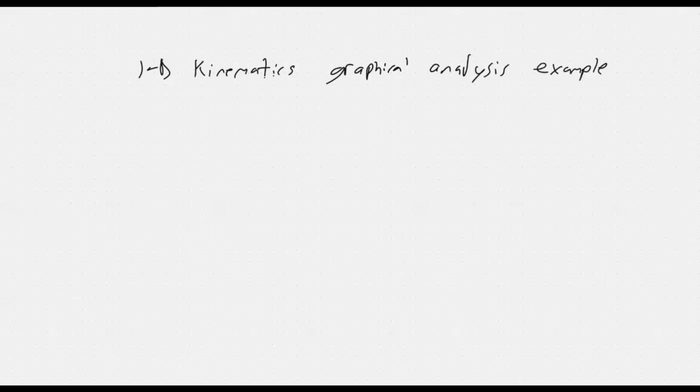All right. 1D kinematics, graphical analysis example. Let's make a random velocity versus time graph. And we can start at any old place we want.